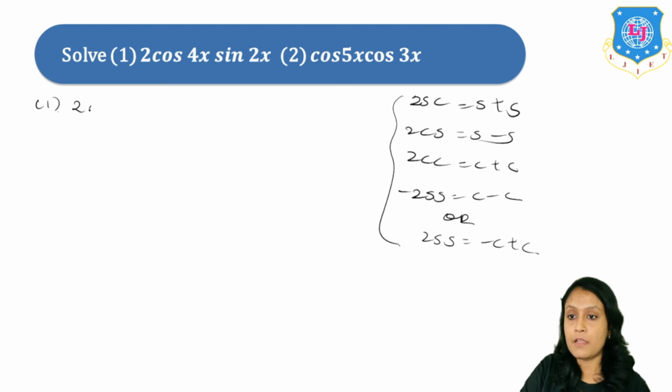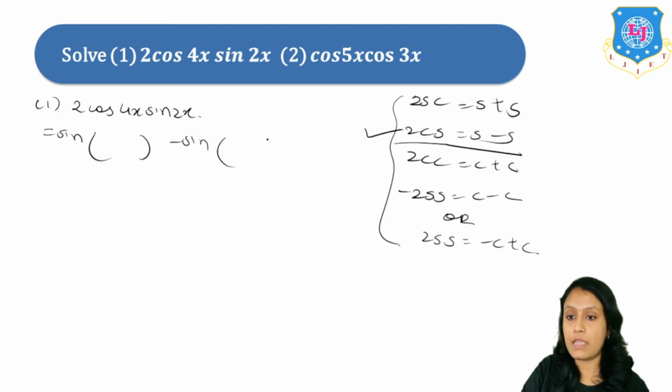So we have 2 cos 4x sine 2x, so we have this 2cs format, so we'll use this formula, that is s minus s. Now we just need to add and subtract, no need to divide by 2. Just add and subtract, so your final answer is sine 6x minus sine 2x.